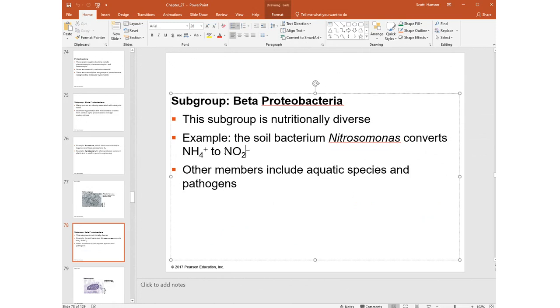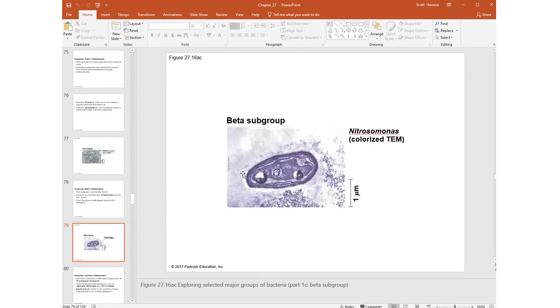And nitrous oxide then can be used by a lot of different types of plants. Other members of this group include aquatic species and also pathogens, some that cause disease. And so here's Nitrosomonas then. Again, transmission electron microscope photograph. It's a little over 1 micrometer wide, so very, very small.